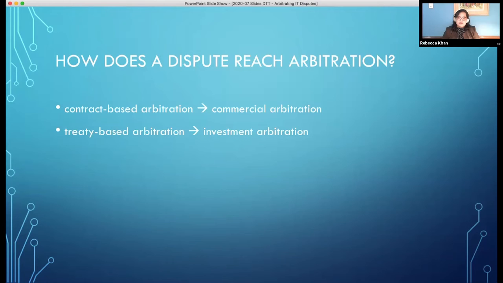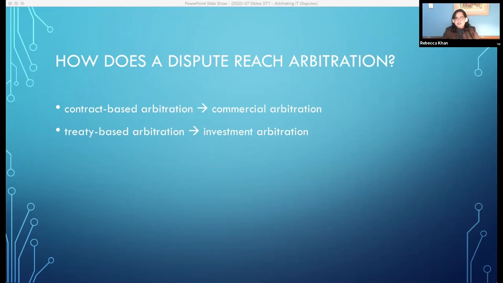For treaty-based arbitration, as I briefly introduced a while ago, instead of a contract, investment arbitration is initiated by filing a request for arbitration invoking the relevant clause, or the breach in the treaty, the clause in the treaty that's breached by the government party.